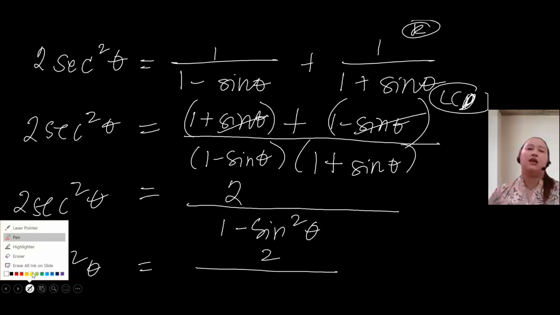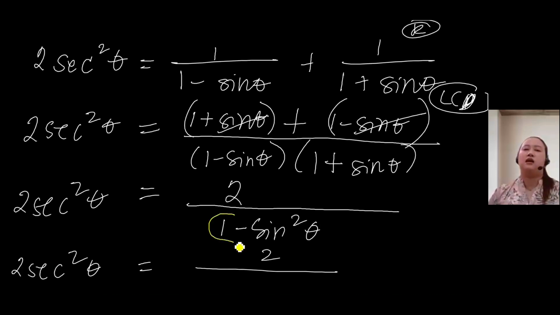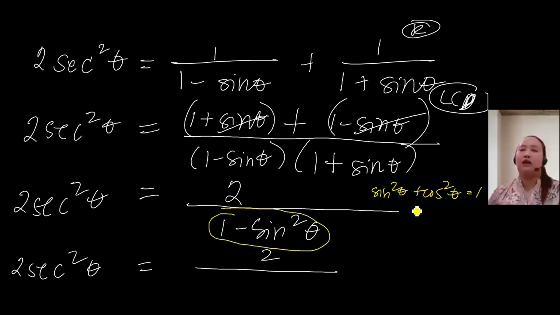So the denominator of the right, this is somehow familiar. We have 1 and the sine squared. So in the Pythagorean identity, remember, we have sine squared theta plus cosine squared theta equals 1. So we need to come up with the 1 minus sine squared theta. So that is by what?